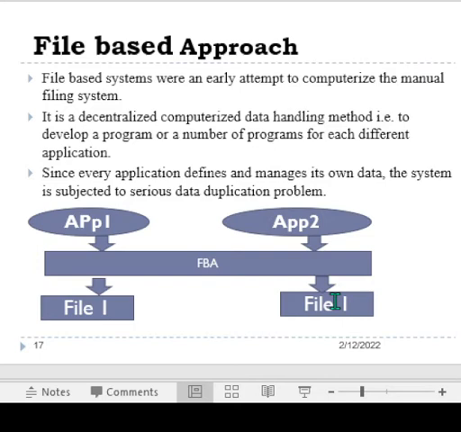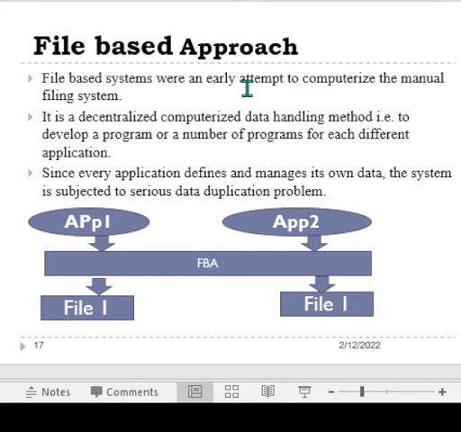Also, the file-based approach is the most popular file management system, an approach in which we can store, retrieve and manage the data.